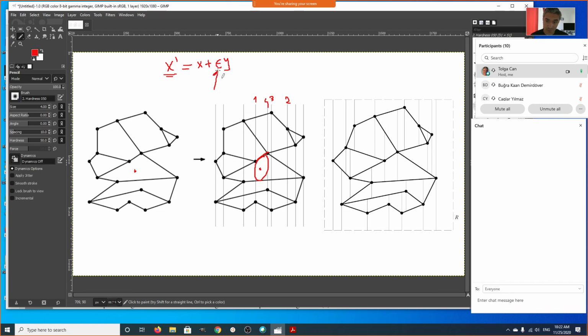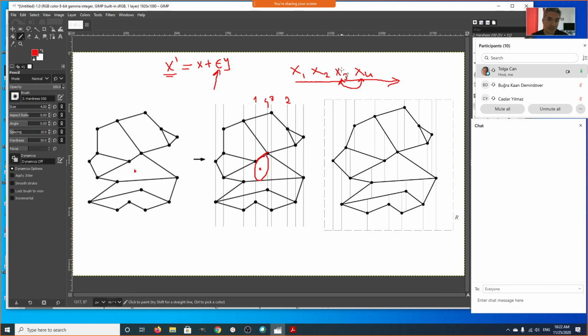Find the largest epsilon that's not going to destroy the original ordering of the points. If they're ordered x1, x2, x3, x4 from left to right originally, this shear transform, if epsilon is large enough, may switch their positions, right?